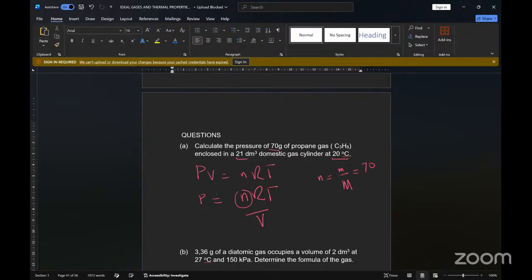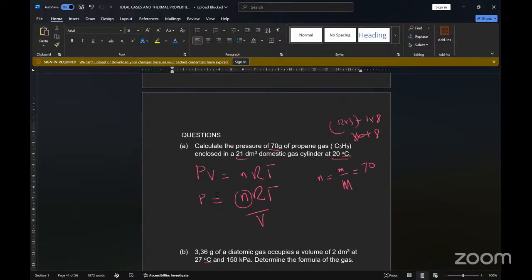The molar mass of propane is carbon, 12 times 3 of them, plus hydrogen, 1 times 8. So you are going to have 12 times 3, and that gives you 36, plus 1 times 8 is 8. So 36 plus 8 gives you 44.